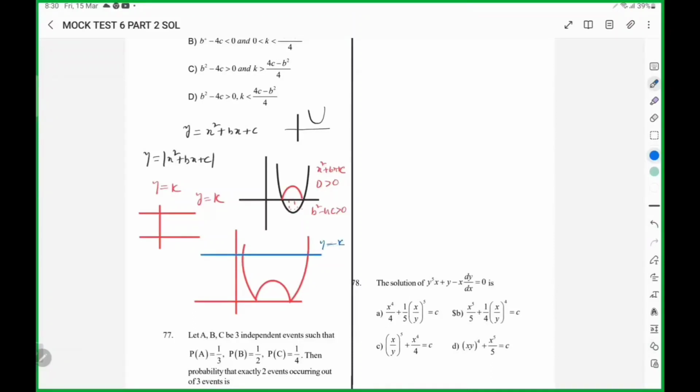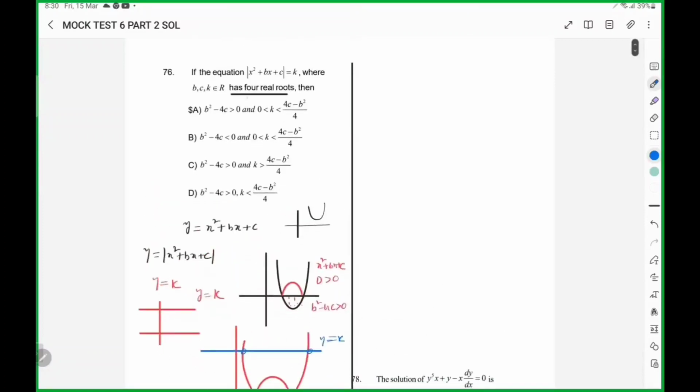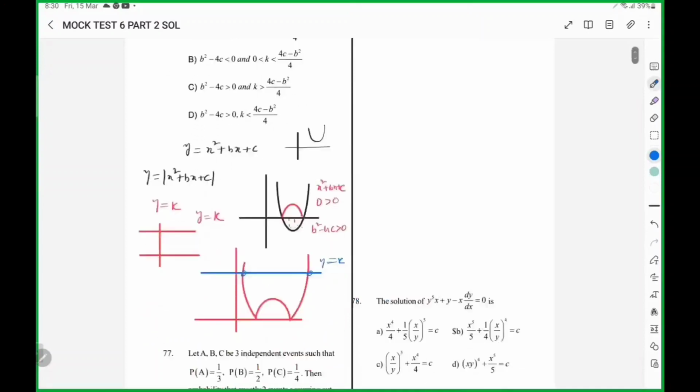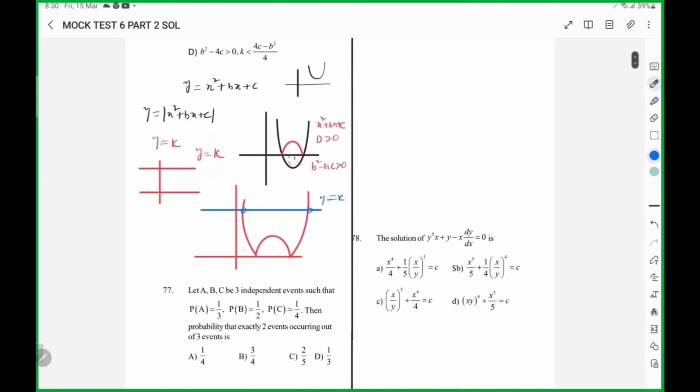You have this curve and line intersecting at only 2 points. But in the question, we are given 4 real roots. So the line must intersect somewhere here, then you will have 4 points of intersection. Every point of intersection becomes a root.